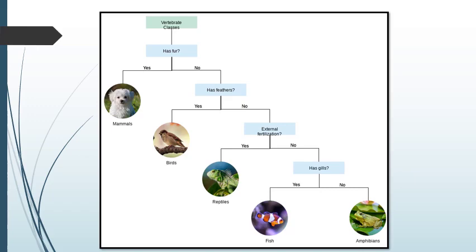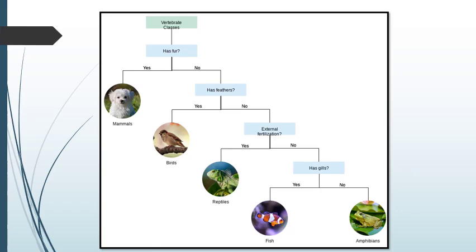Again, this is a very simple example in which you can identify the vertebrate classes. First of all, we have one option: does it have fur? If yes, then it will be a mammal, and if no, then again we divide it with a possible option: does it have feathers?